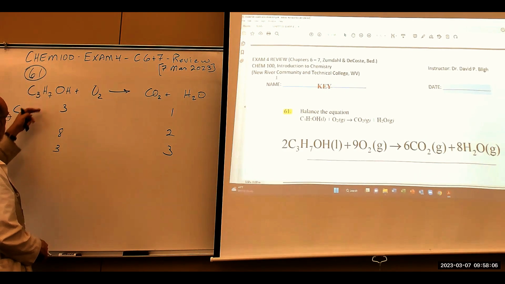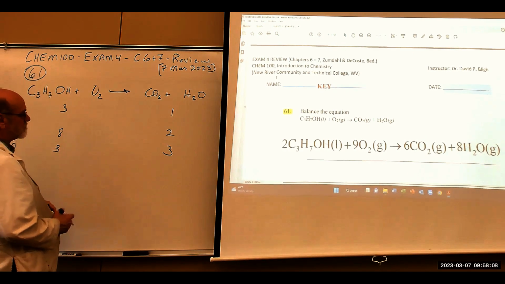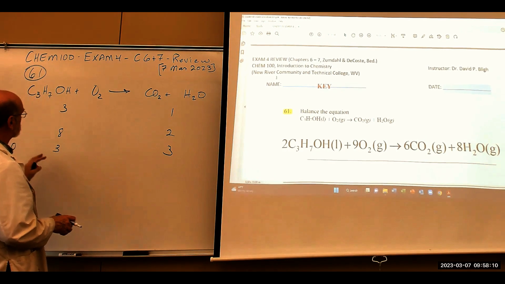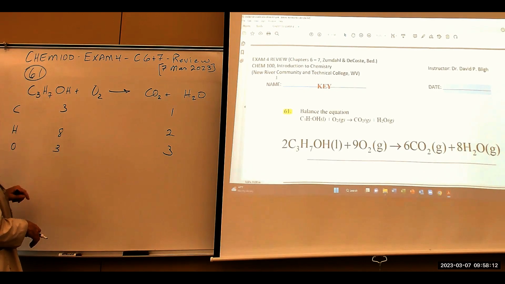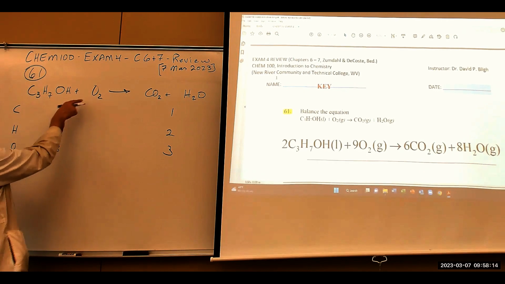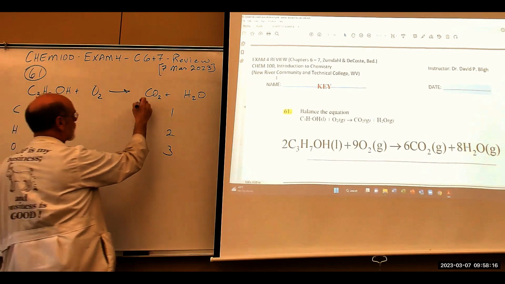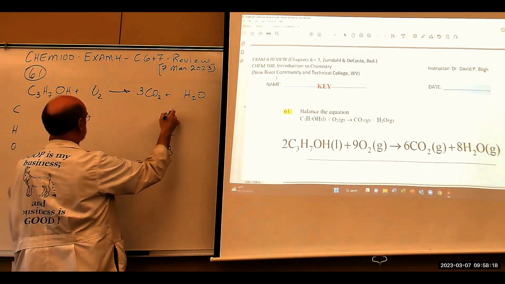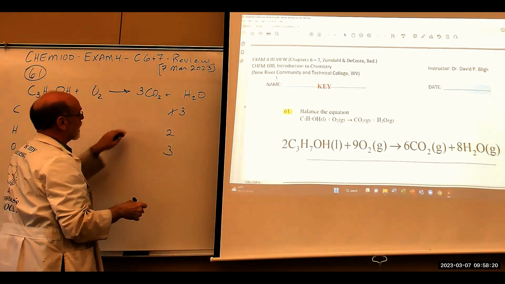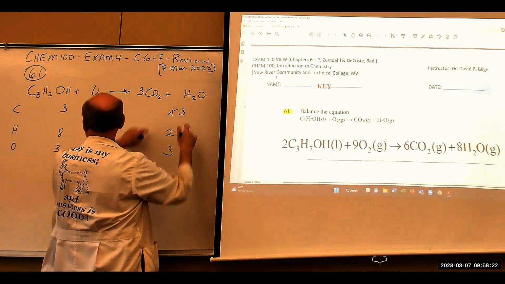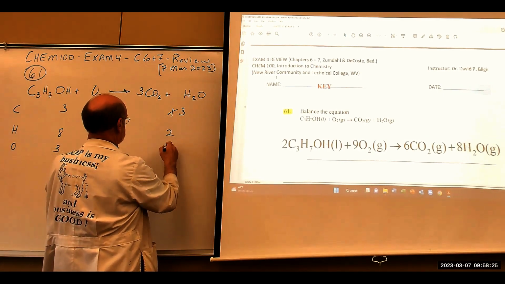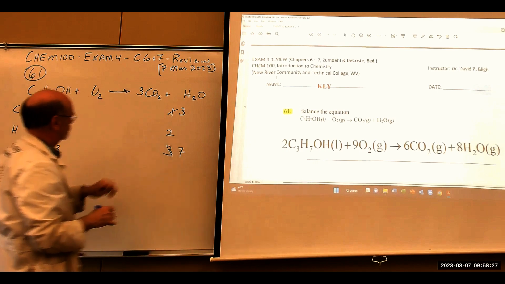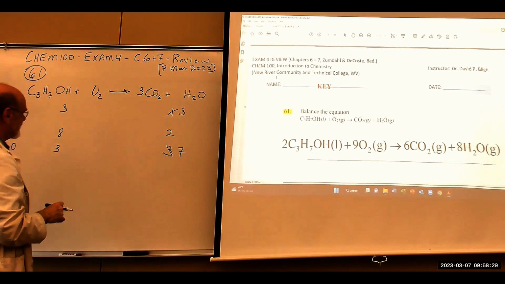So we got a choice, either carbons or hydrogens. In this type of reaction, I usually start with the carbons. So we got carbon here, there's 3 of them. We need 3 carbons here. That takes care of the carbons. Now we have 6, 7 oxygens. Right? Okay.